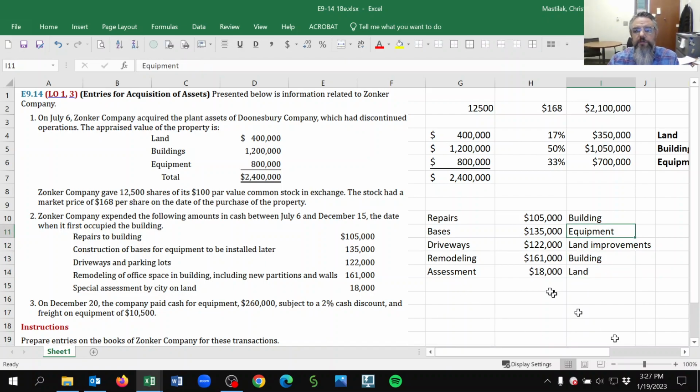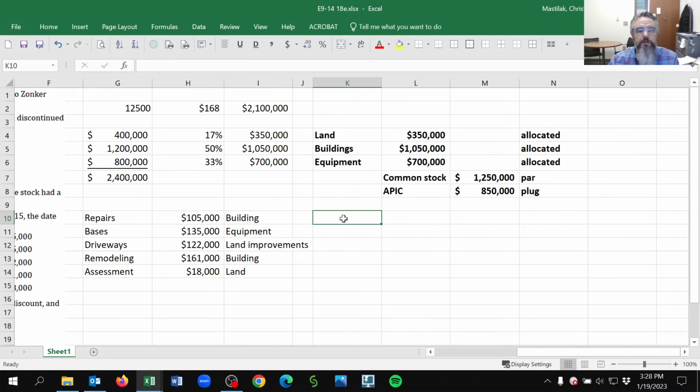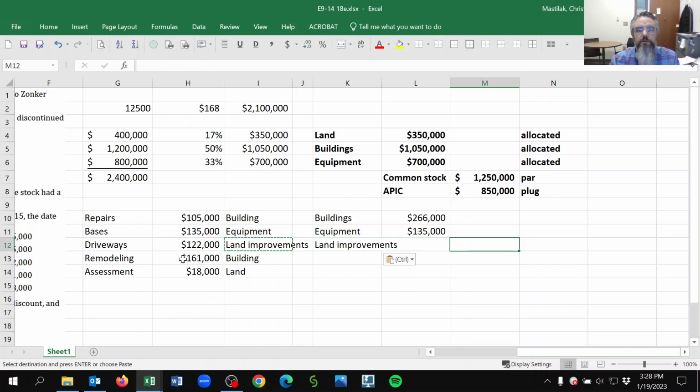So our journal entry here, we've got several items that are going in the building account. Everything else is going into its own account. So for the buildings journal entry, we're going to include the 105 and the 161. Equipment is going to include the 135. Land improvements is going to include the 122.